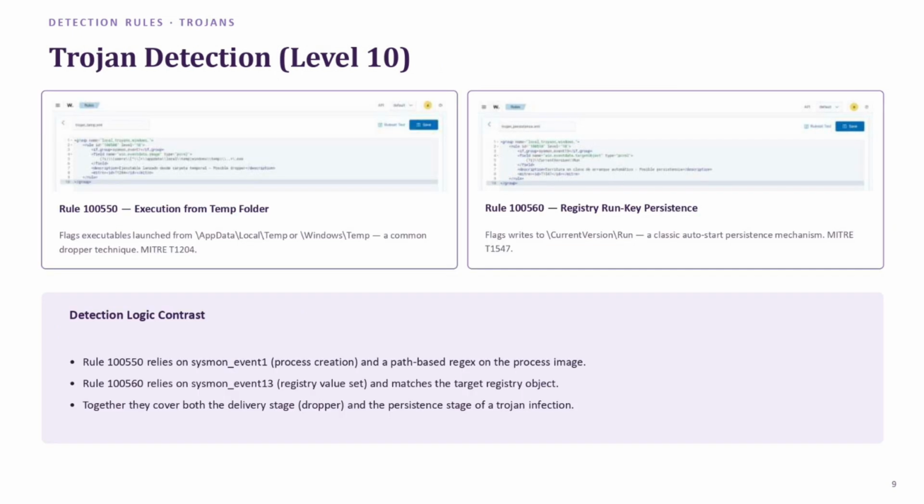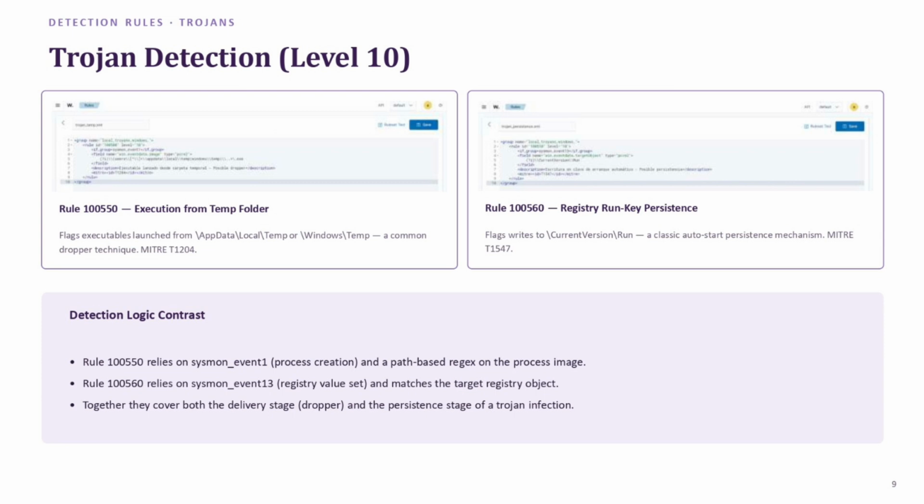Now, Trojan detection, level 11. I created two rules here. Rule 100550 detects when an executable file runs from a temporary folder. This is a classic technique used by droppers, a small program that downloads and installs the real malware.